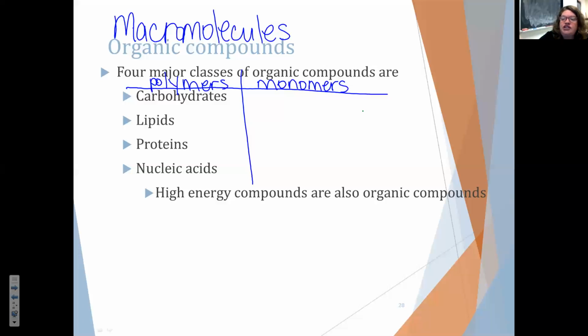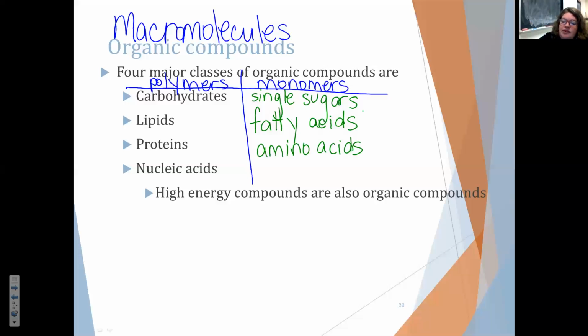So carbohydrates are made up of single sugar subunits, like glucose and fructose and galactose. Lipids are made up of fatty acids. Proteins are made up of amino acids. And nucleic acids are made up of something called nucleotides.